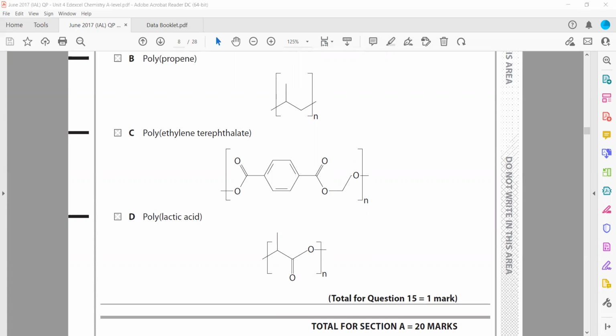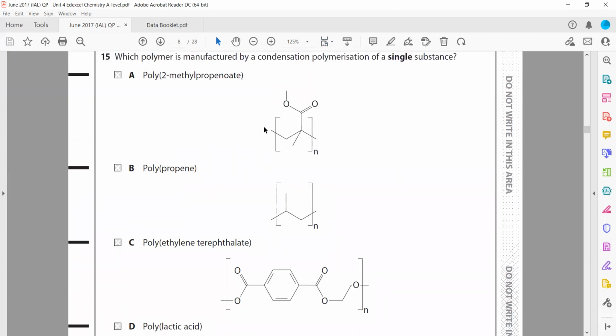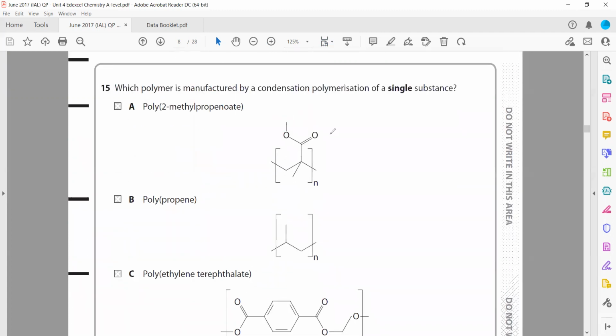So in lactic acid, polylactic acid, the idea is C double bonded with O, on one side it will lose H, on the other side it will lose OH. First, A and B cannot be the answer because they are showing addition polymers, where carbon chains are linked. We want a condensation polymer.